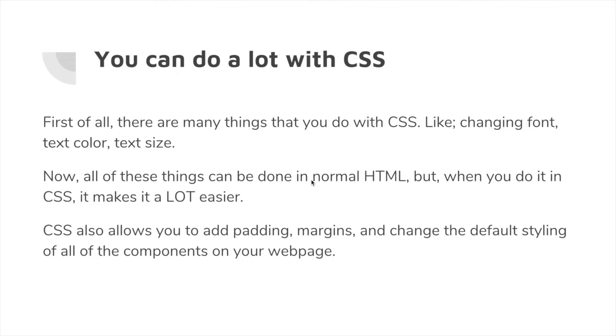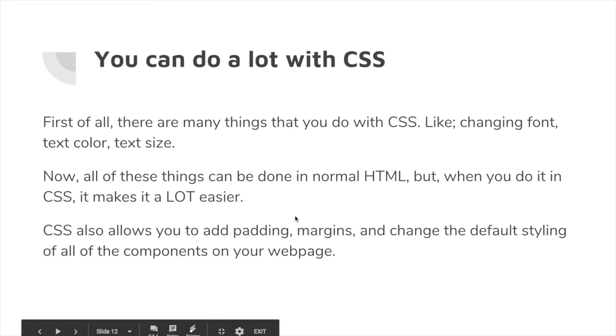Now, all of these things can be done in normal HTML, but when you do it in CSS, it really makes things a lot easier. We're going to talk about that probably in the CSS video. CSS also allows you to add padding, margins, and change the default styling of all the components on your web page, meaning those header tags that we mentioned before don't have to be such that H1s are the biggest.